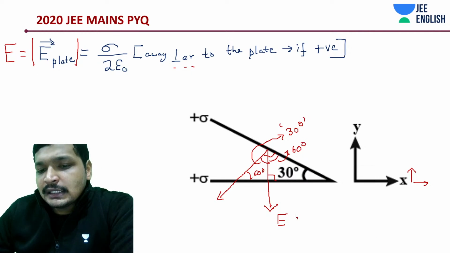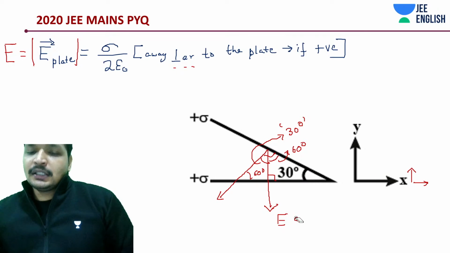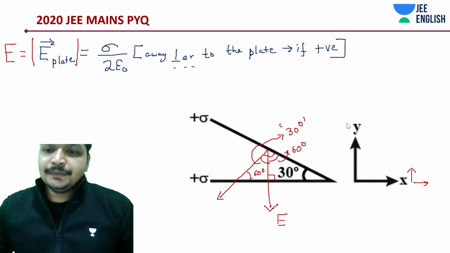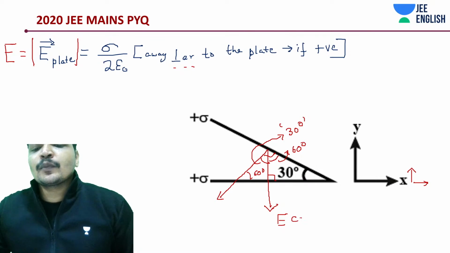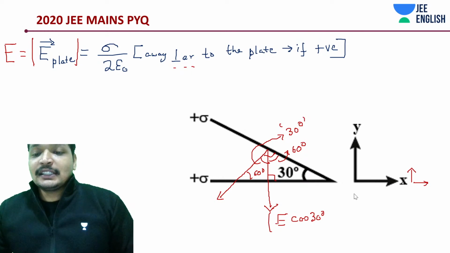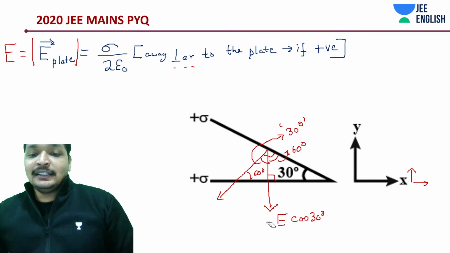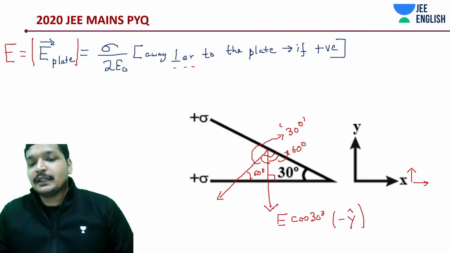E of sine or cos? What should it be? Cos of 30 degrees. Cos 30 what cap? Minus y cap or plus y cap? Minus y cap, away from the plane.